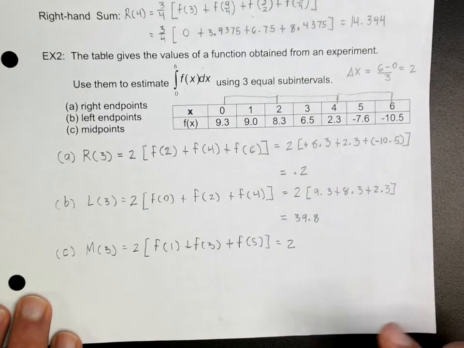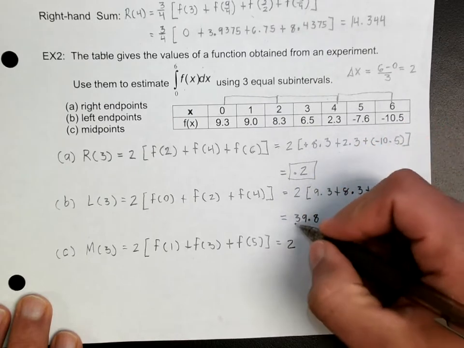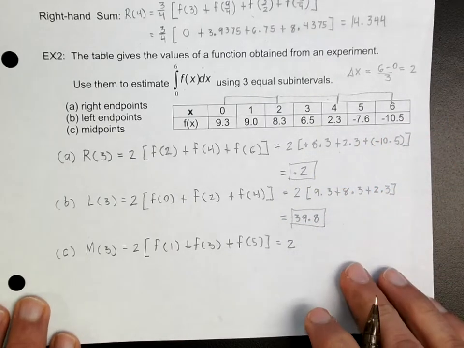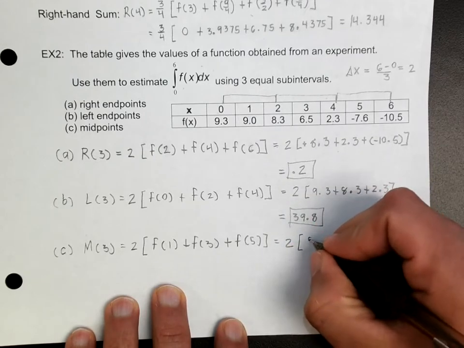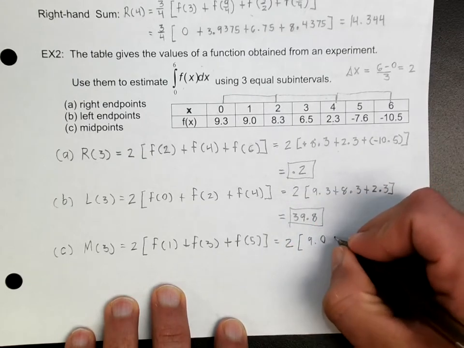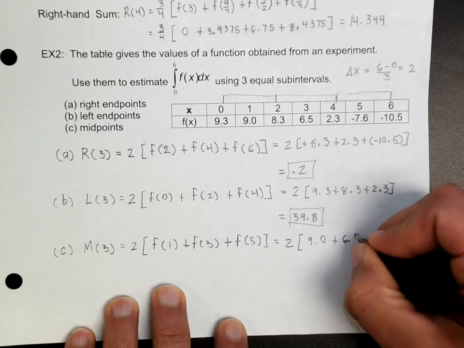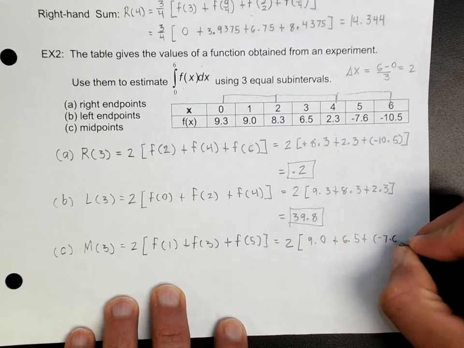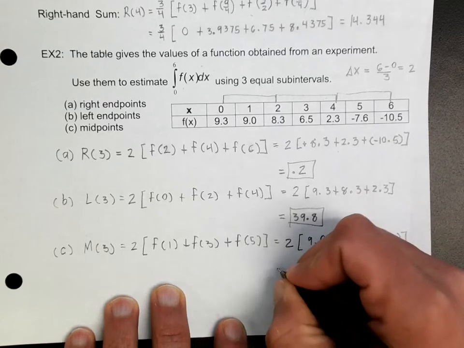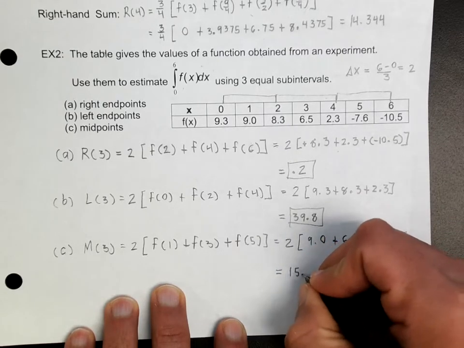And if we just look at the y values of 1, 3, and 5, then we get 9 plus 6.5 plus negative 7.6, which is equal to 15.8.